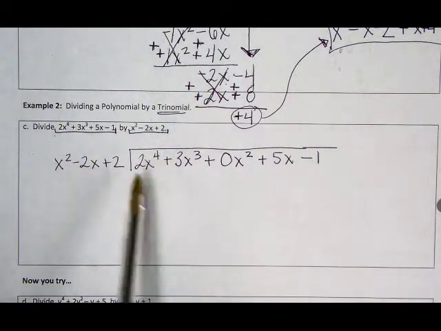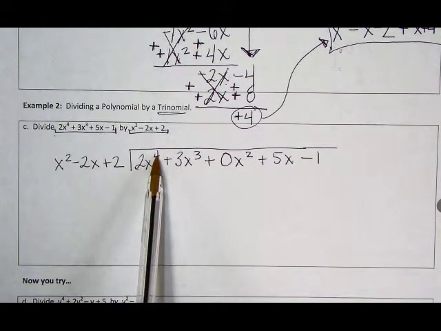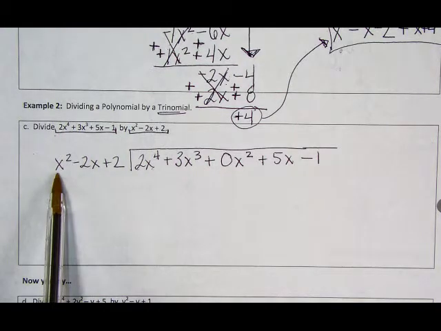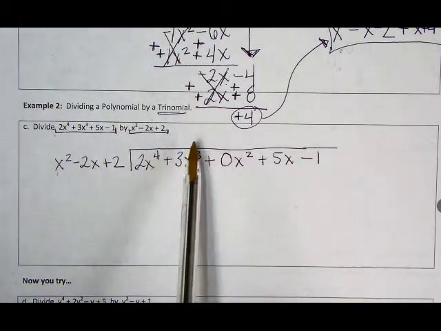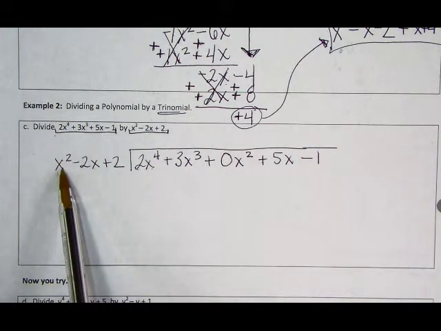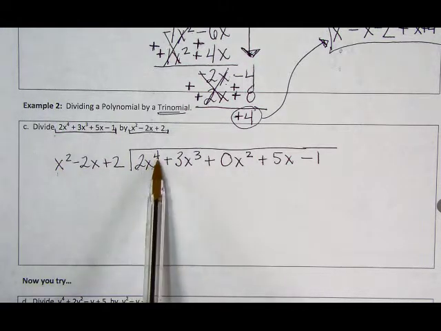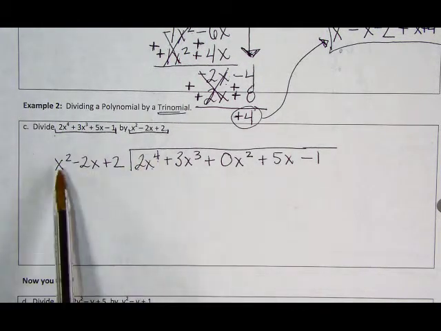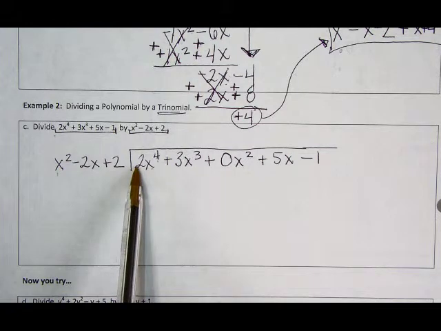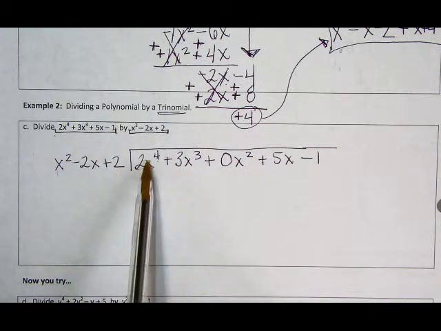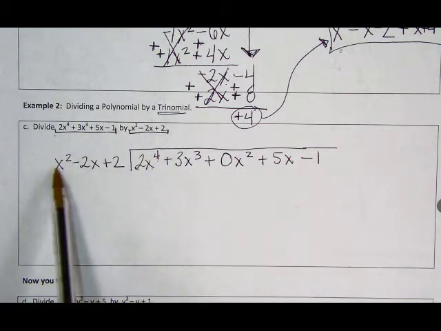So in this case, I'm starting off with 2x to the 4th power, and my leading x on the outside is x squared. So what number multiplied by x squared is going to give me 2x to the 4th power? Since I have x squared, I'm still missing a 2, and I'm still missing 2 of these x's from my leading x on the outside.